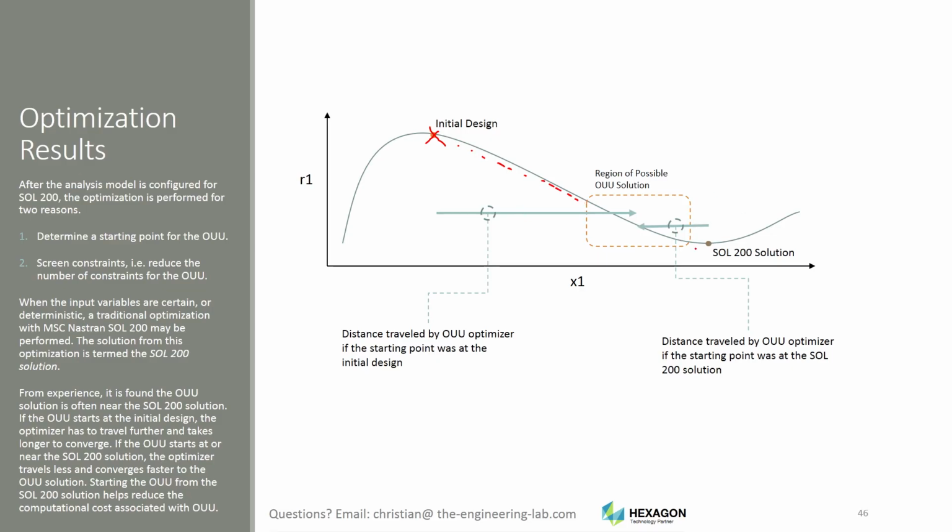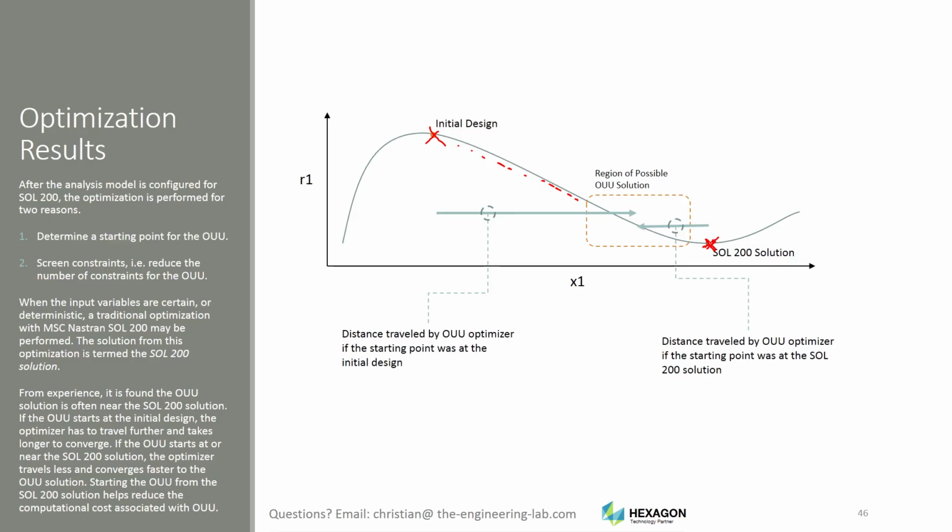The other starting location would be the location of an optimization with deterministic outputs or certain inputs. So suppose that there were no uncertainties. I just perform a traditional gradient-based optimization. So this would be this solution. After that gradient-based optimization with no uncertainty, everything's deterministic, you get this solution.